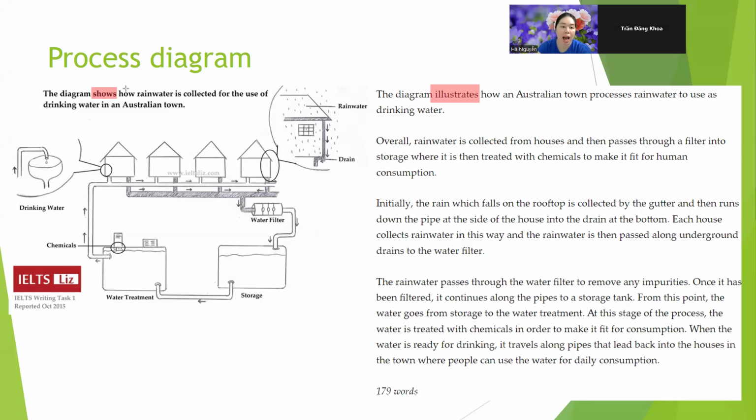Now, how rainwater is collected for the use of drinking water in an Australian town. How is that paraphrased in the introduction? To process rainwater to use as drinking water. Good job. So you can see the sentence structure is changed. In the task question, it is passive: rainwater is collected. In the introduction, it's active: an Australian town processes rainwater.